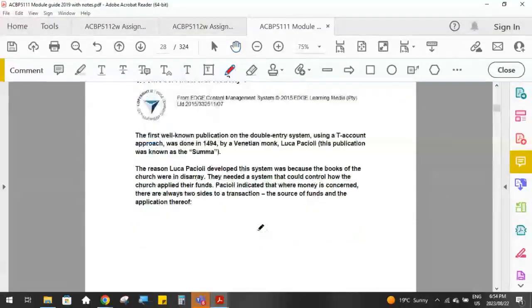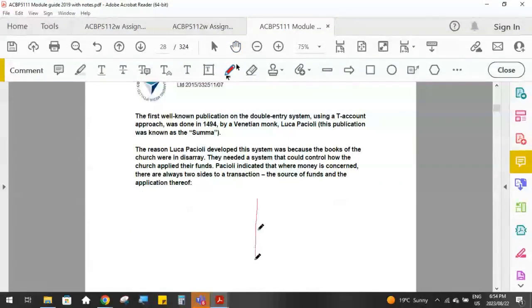The reason they call it a T account is just because we have a line down the middle and a line across the top, so it looks like a T. All of our accounts in what we call the general ledger, and that's very important, the general ledger, are in the form of T accounts.